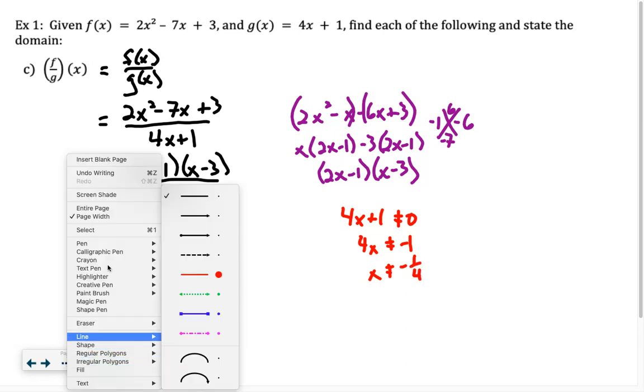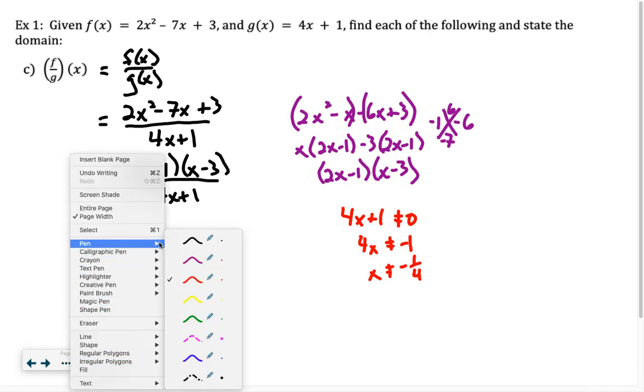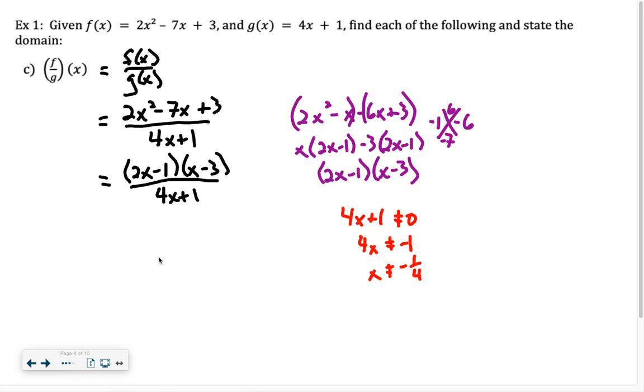So the way that we wrote our domain then, we said we can have any value except -1/4. So I'm going to start at -infinity and go up to -1/4, not include that with a parenthesis, and then pick back up, not including -1/4, and go up to infinity.